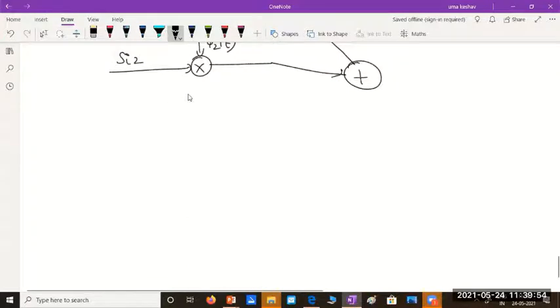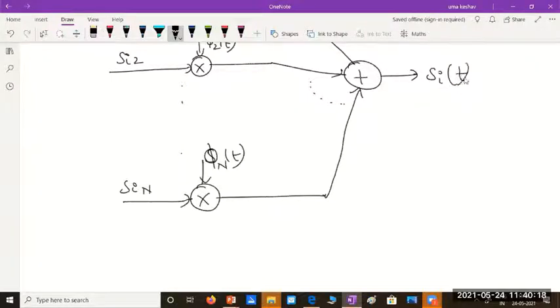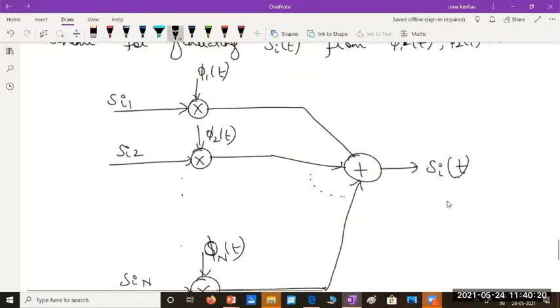Likewise, I can have Si3, and so on, and here I can have phi n of t, which gets multiplied with Sin to get added in the final equation. And what is the value which I'm going to generate here? Here I'm going to generate the finite energy signal Si of t.